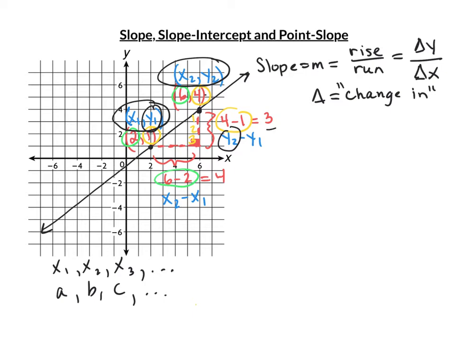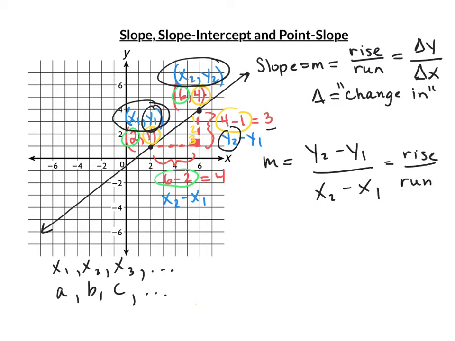And instead of 6 minus 2, above the 6 I have an x2, and above the 2 I have an x1, so x2 minus x1. And again, what this really means when I write the formula down for slope, y2 minus y1 over x2 minus x1, is that up top I subtract the y's to get the rise, and down below I subtract the x's to get the run.